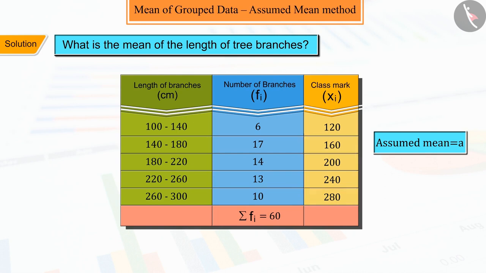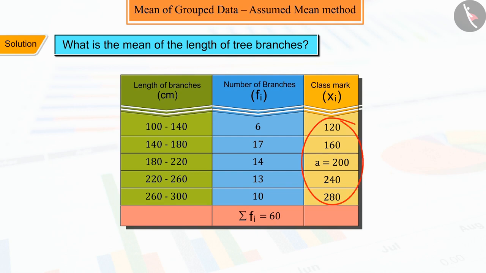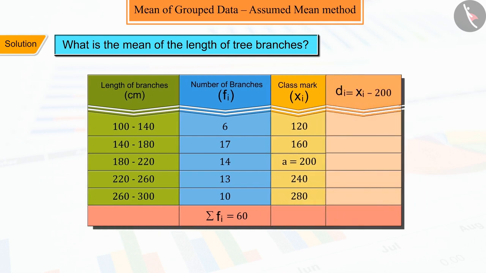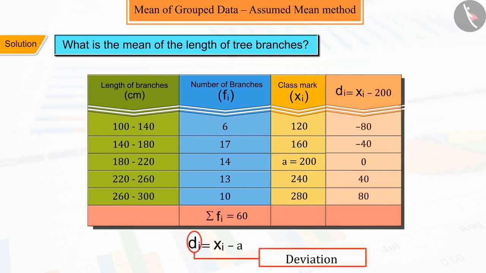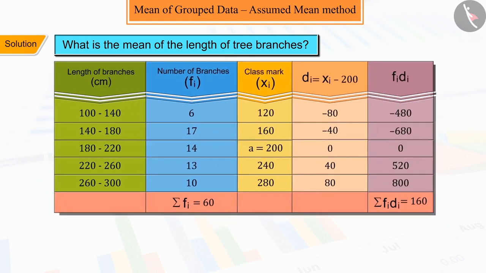Hence, from the table we choose a equals 200, where we find the difference di between a and each xi, and find the deviation of xi from a, where we multiply each di by its corresponding frequency fi, which gives the product fi di, the sum of whose products is represented in the table below.